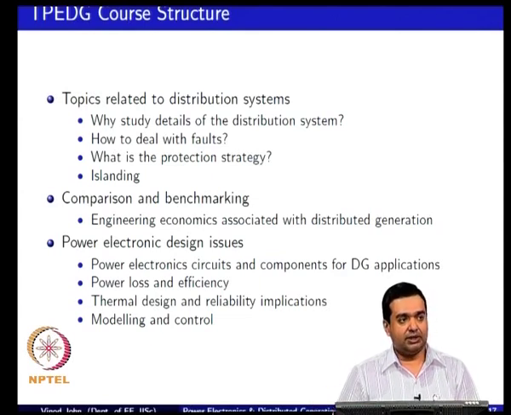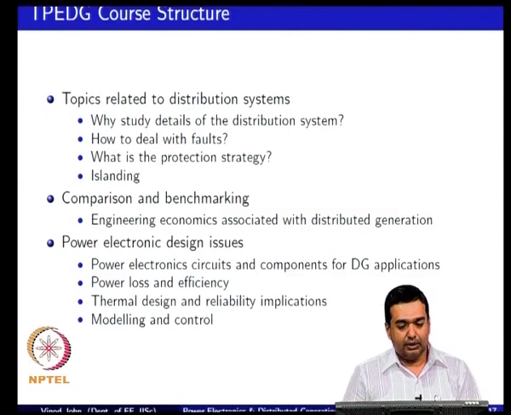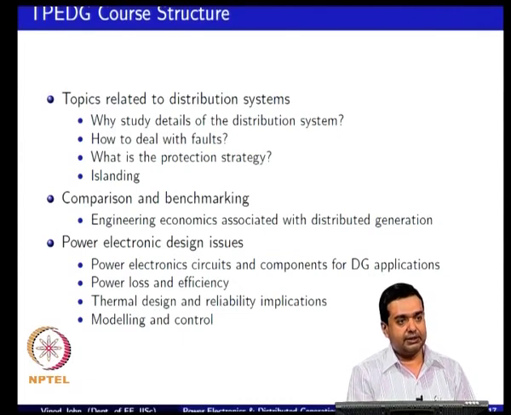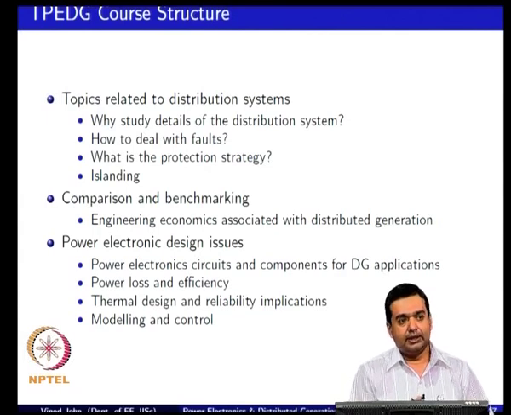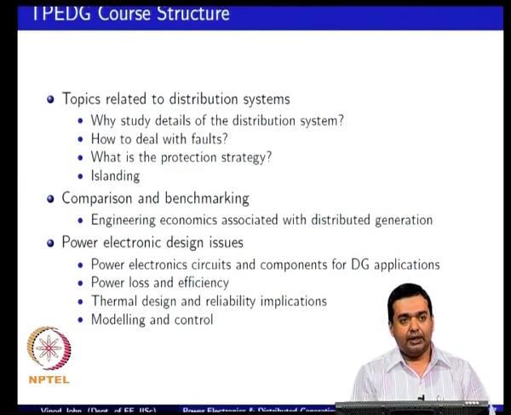There may be distribution transformers coming to residential areas, commercial areas, industrial areas, and you are looking at how to interface such systems with the electric grid, and we need to understand the distribution system related issues.